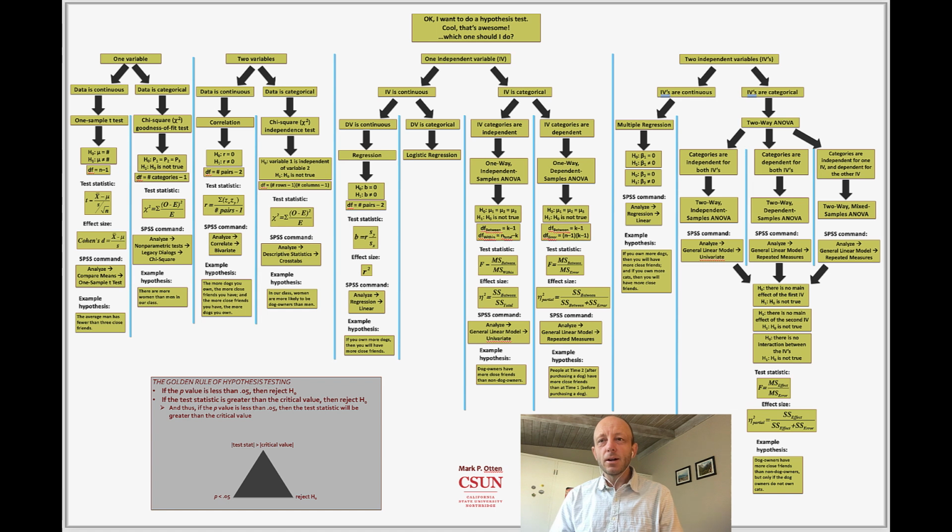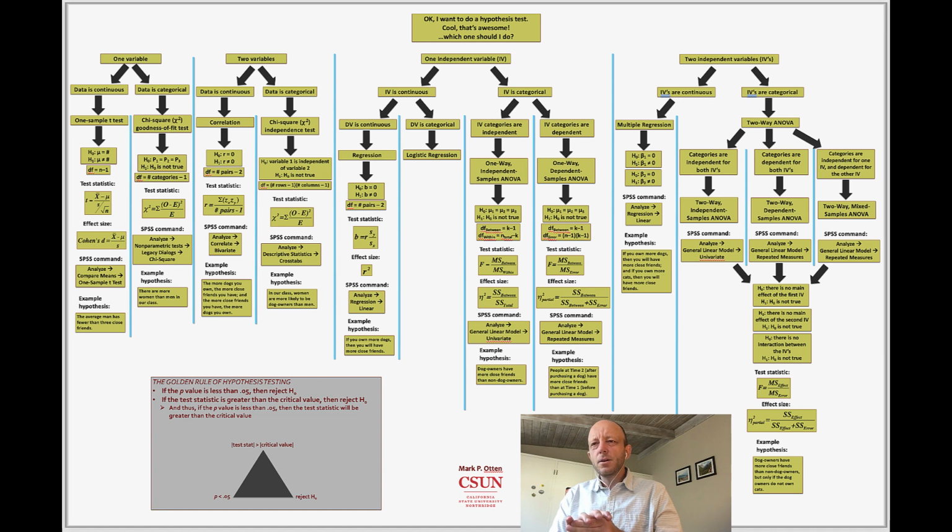So let's go in order, and I'm going to carry through at least one example here to give you some guidelines. The top has a line that says, on the left, one variable, and it goes across to two variables, and then one independent variable, and then two independent variables. So that's basically four categories.